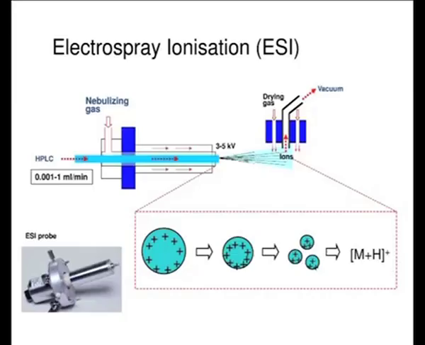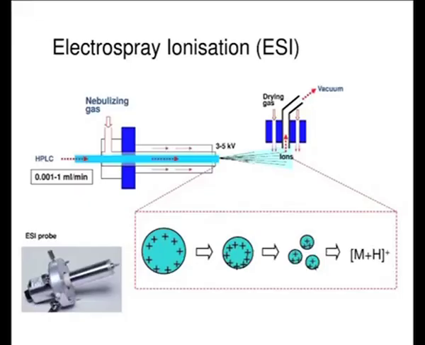Once the Coulombic force of repulsion overcomes the surface tension, that is known as the Rayleigh limit, the ions get separated. They come out, and finally enter the mass spectrometer through the desolvation line. This is the phenomenon which occurs in electrospray ionization.